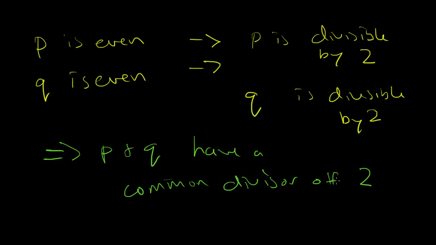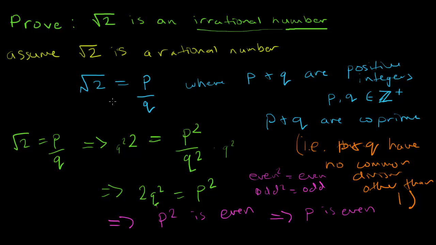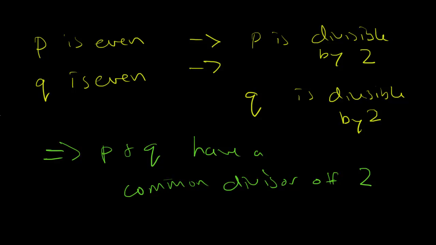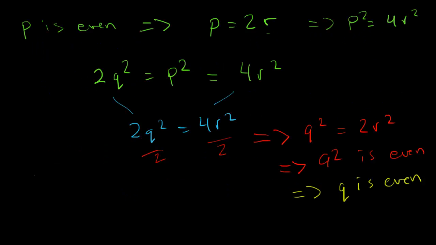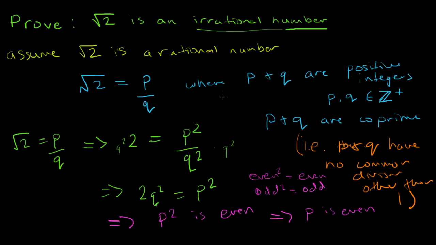of 2. And this statement here really is the direct contradiction of our original assumption here, that root 2 is expressed as p over q, where p and q are coprime. So that in itself is a massive contradiction that only comes about if we assume that root 2 is a rational number.